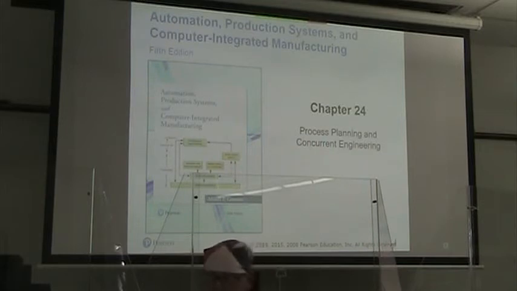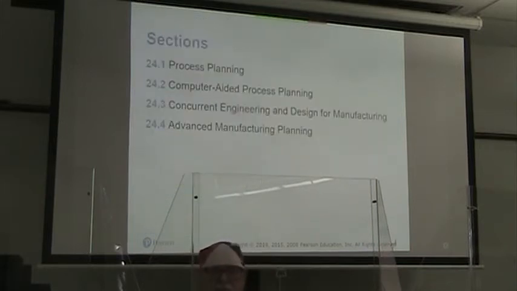All right, so the sections in this chapter are process planning, computer-aided process planning, concurrent engineering and design for manufacturing, and advanced manufacturing planning.